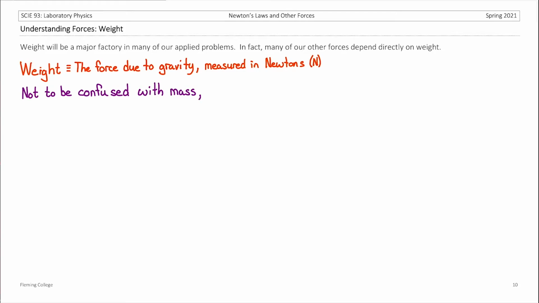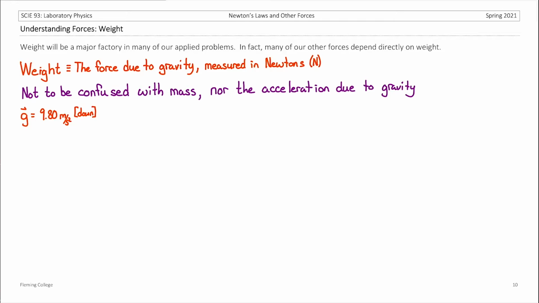The other thing to try to keep straight in your head is that the force due to gravity is not interchangeable with the acceleration due to gravity. Remember from projectile motion that the acceleration due to gravity is represented as g with an arrow over top and is 9.80 meters per second squared down.